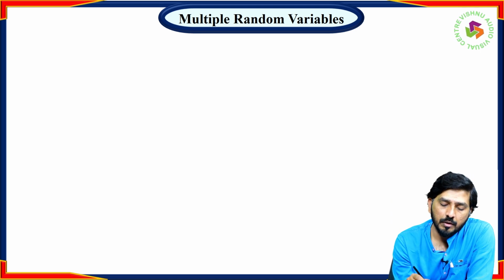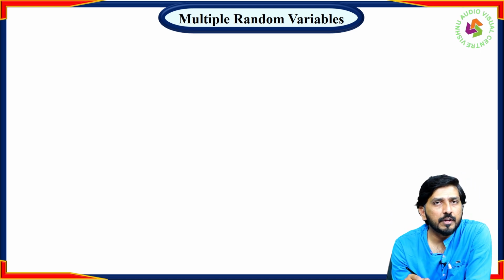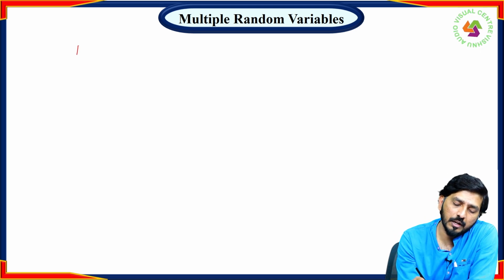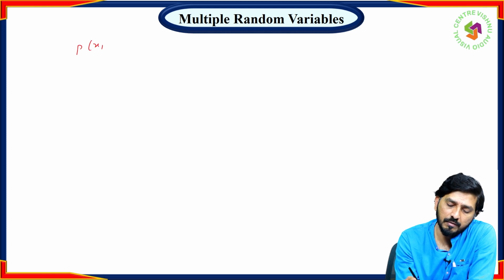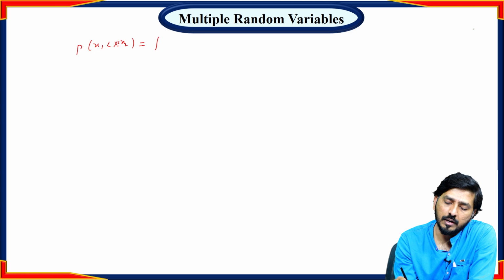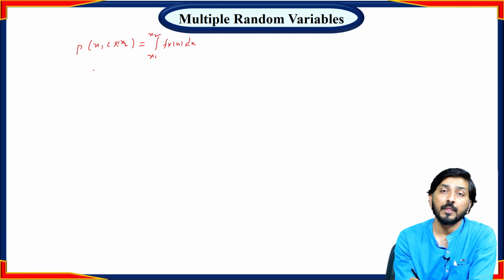Now next, as per single random variable, we have seen this property also: probability in the case of a single random variable, x1 less than x less than or equal to x2. In the single random variable case, we have seen the integral over limits x1 to x2 of fx of x dx.